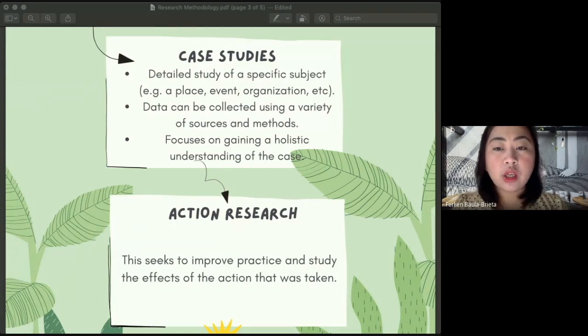That is why you will only have limited respondents if this is your research topic. In a case study you only need one respondent to complete your research. And because you only need one respondent, you will need to observe and collect data holistically in order to understand the experience of this one patient living with HIV. Okay? That is a single case study.